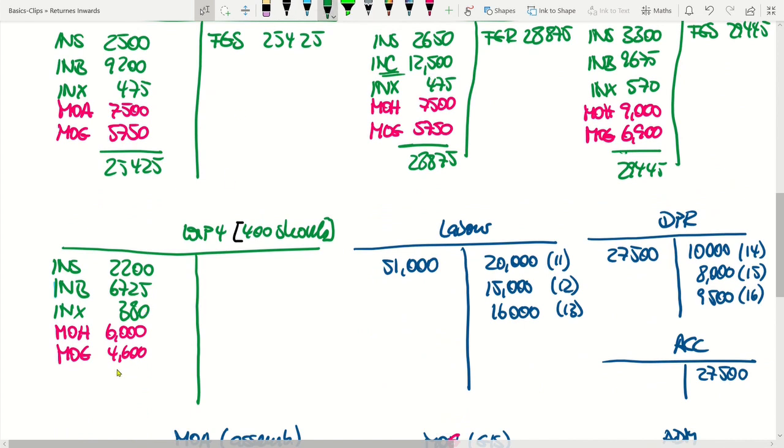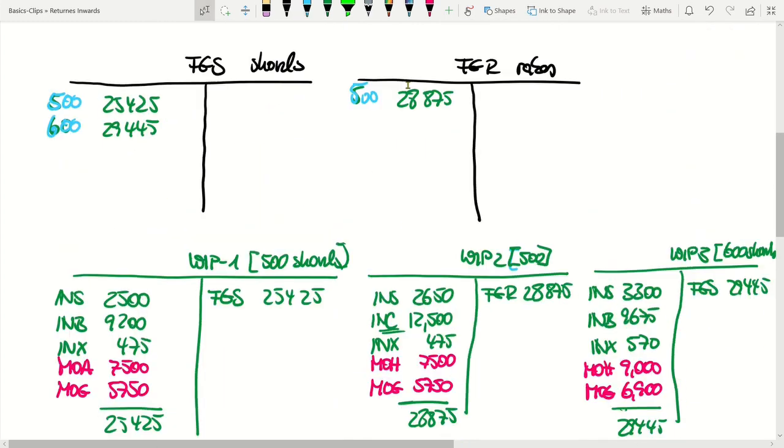Last, we calculate the fourth job order. And it gives me 19,905, which is for 400 of the Schofields.